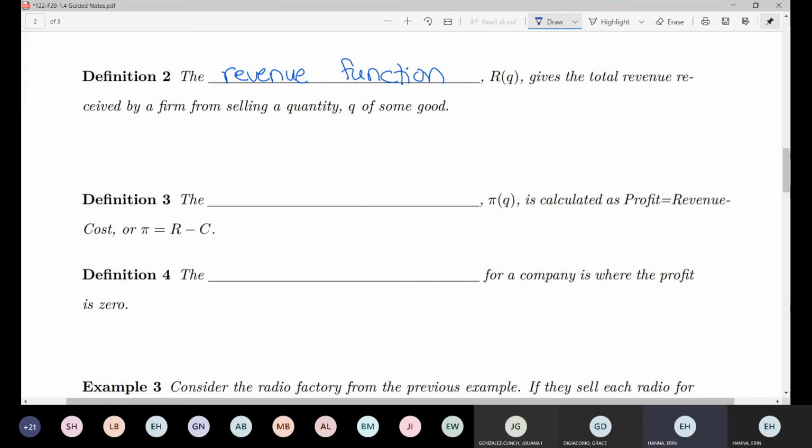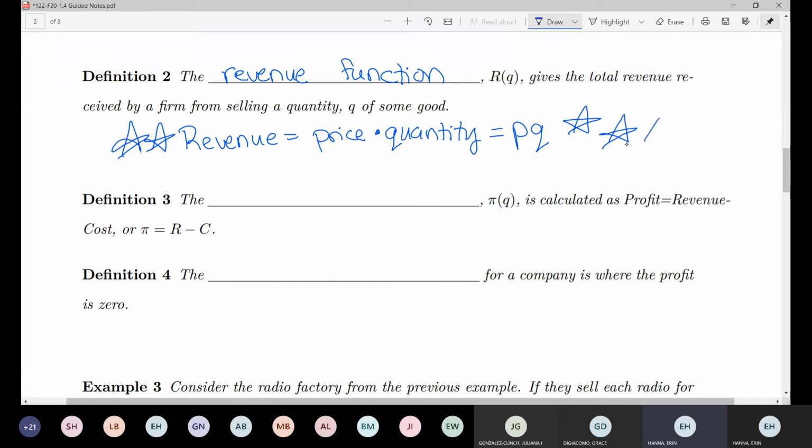That's your revenue. However much money you made just by selling those things. Now, one thing we're going to want to remember is that revenue is equal to price times quantity, sometimes just referred to as P times Q. This is something you're going to want to remember.